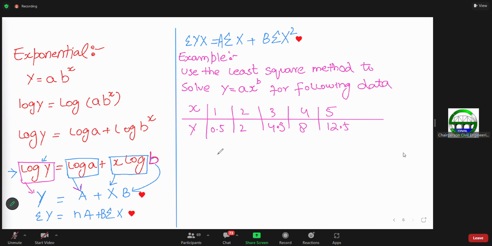Okay, we can say that y is equals to a x raised to power b. So let's take a log.